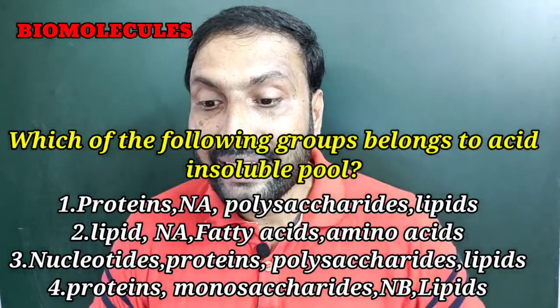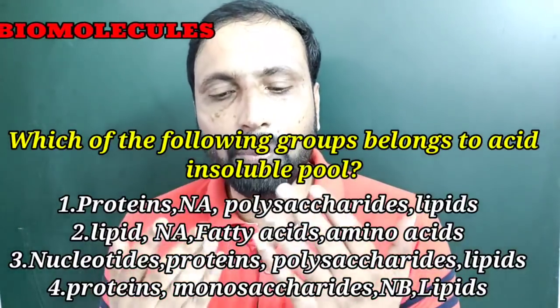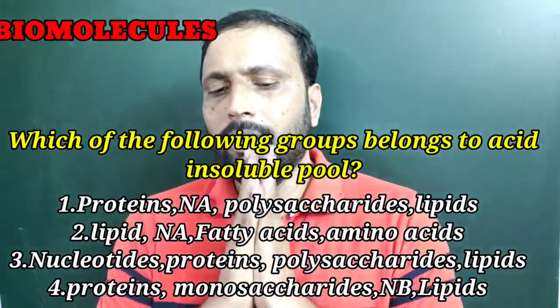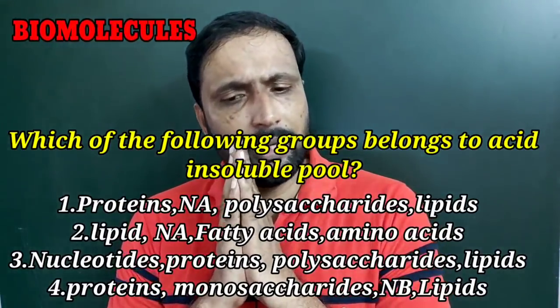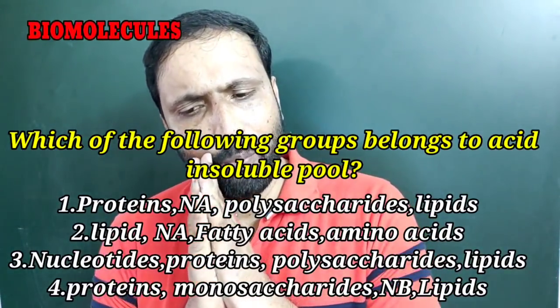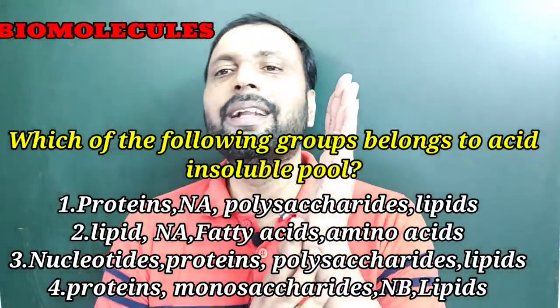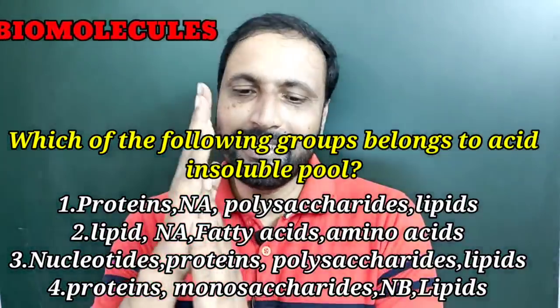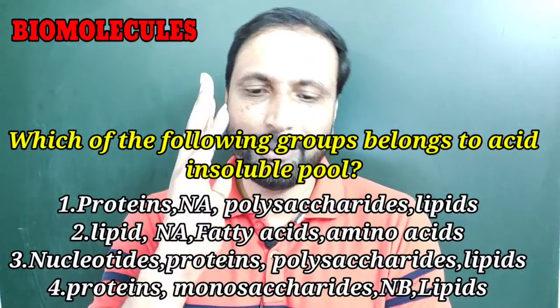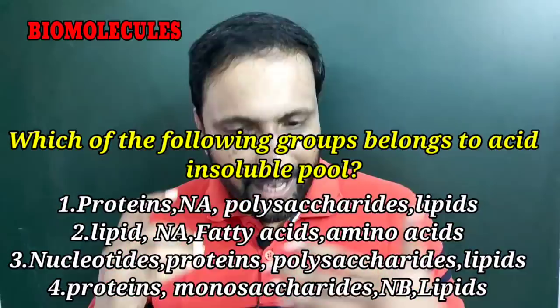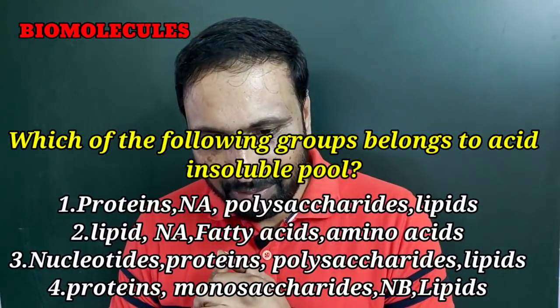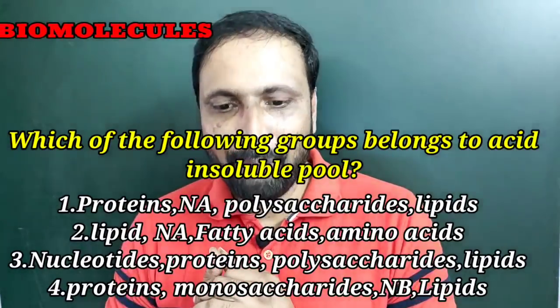Next, which of the following groups belongs to acid insoluble? First option, proteins insoluble, nucleic acid insoluble, polysaccharides insoluble, lipids also insoluble. No doubt, my point of view, first option. Whereas in the second option, lipid, nucleic acid, fatty acids and amino acids.